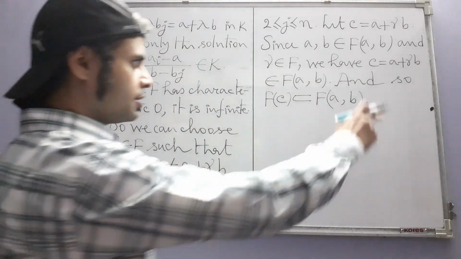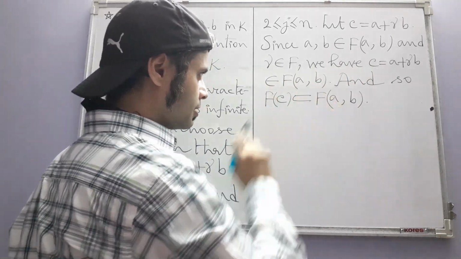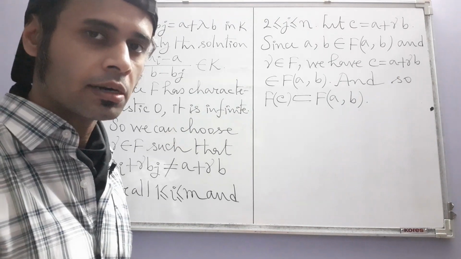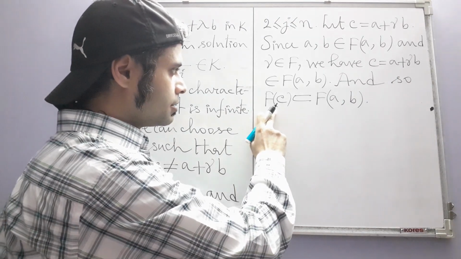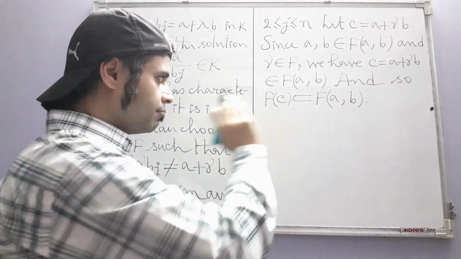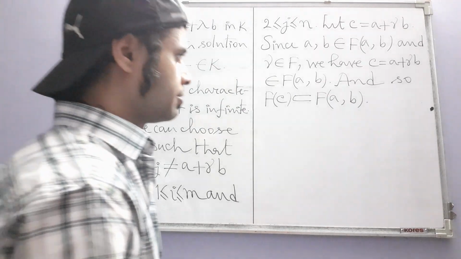Because C is in this and F of course is contained as a subset in this, the extension F(C), due to its minimal nature by definition, is contained in this. Now we want to prove that the reverse inclusion is also true, and that will give us our result.